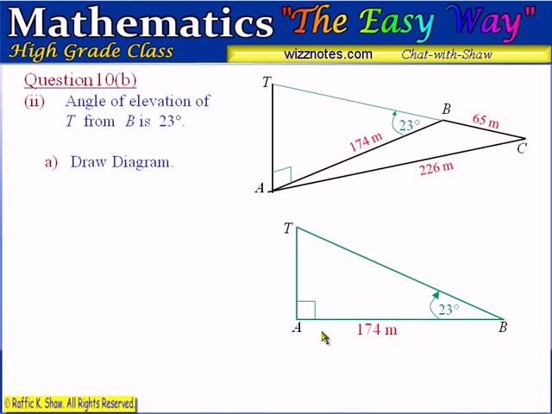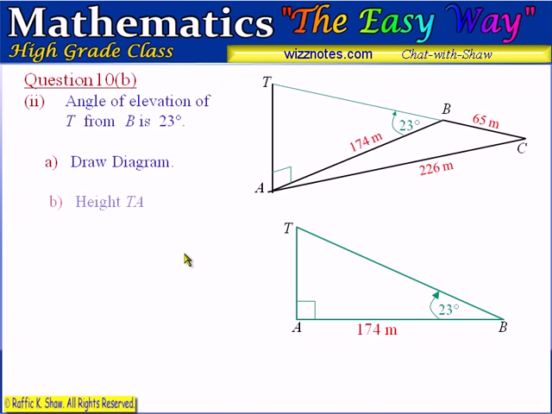This is AB, 174 meters. The angle between TA and AB is 90 degrees, that's here, and the angle of elevation, 23 degrees, is the angle above the horizontal AB looking upward to T from B. And so this diagram is a side view of what we have here.